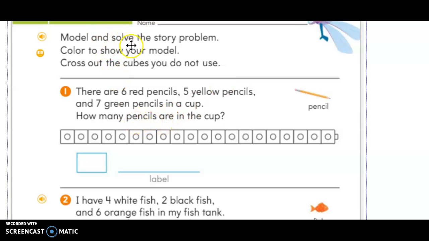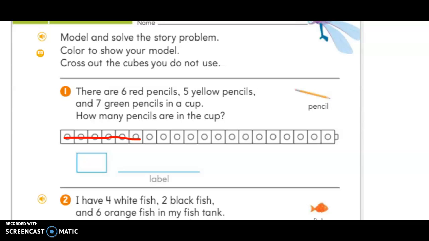How many pencils are in the cup? So for example, we need to color 6 red. And I'm not going to color them in very nicely. I'm just going to draw a line, but you friends can color them inside the lines because you're first graders, and that's good practice. 1, 2, 3, 4, 5, 6.